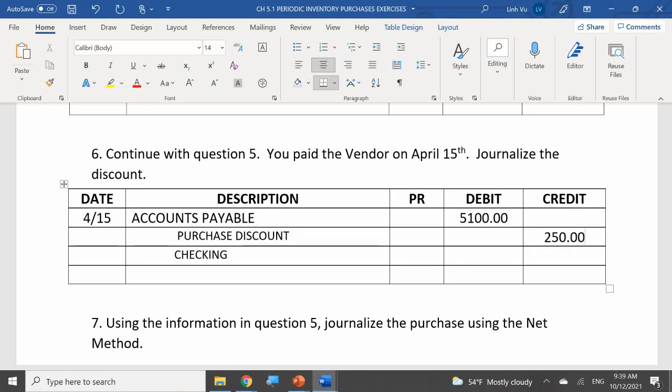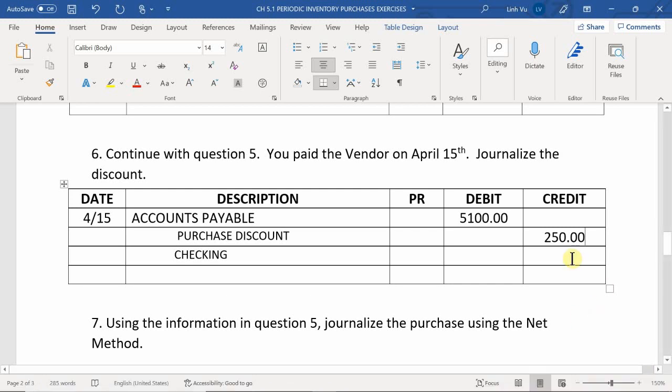Now, how much should I be writing my check out for? Would it be 4,850? Yes, because I'm taking the $250 discount out from the actual amount that I owe.